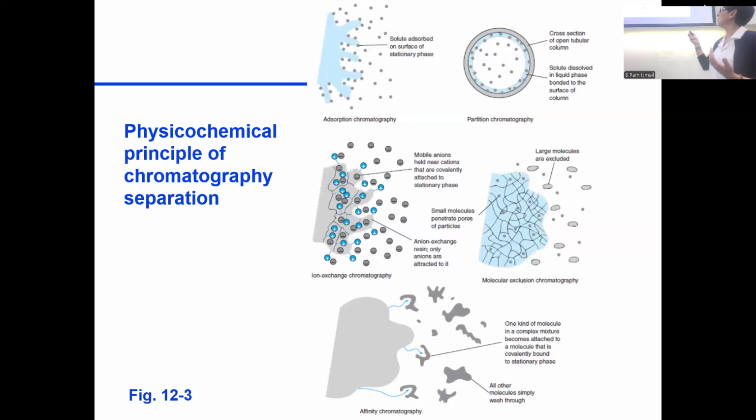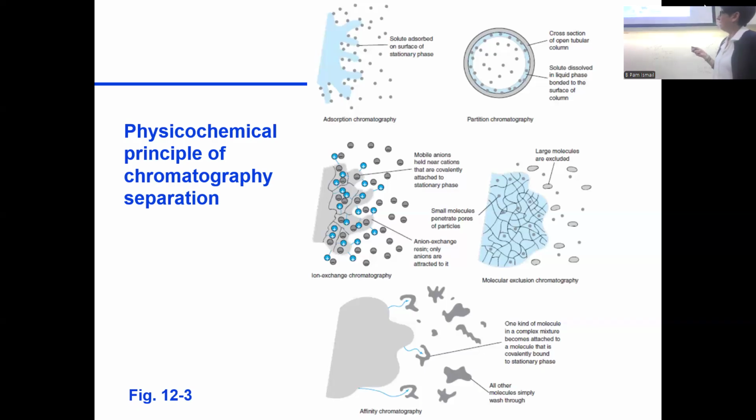So two liquid phases: you have your support, and then it's impregnated with a liquid layer, or bonded with a liquid layer, and then you have the components partitioning between a liquid mobile phase and a liquid stationary phase.